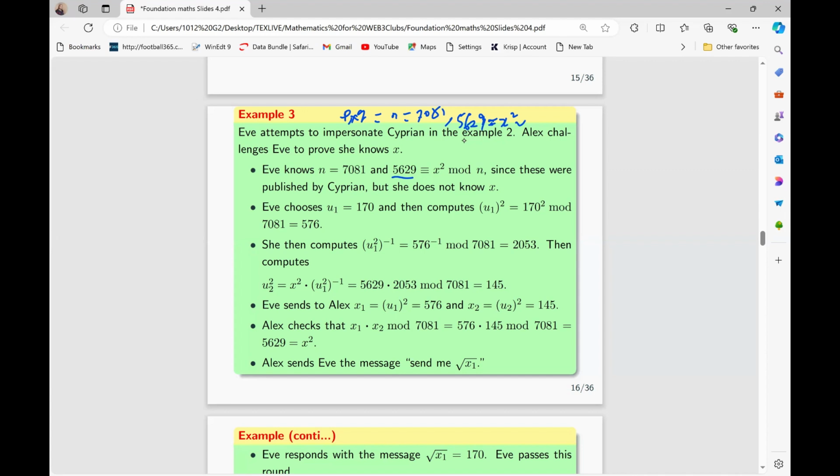Now, there's this Eve who was following, and Eve saw this n and then saw the x squared. Eve wants to pretend to be Cyprian and proceed with the transaction.